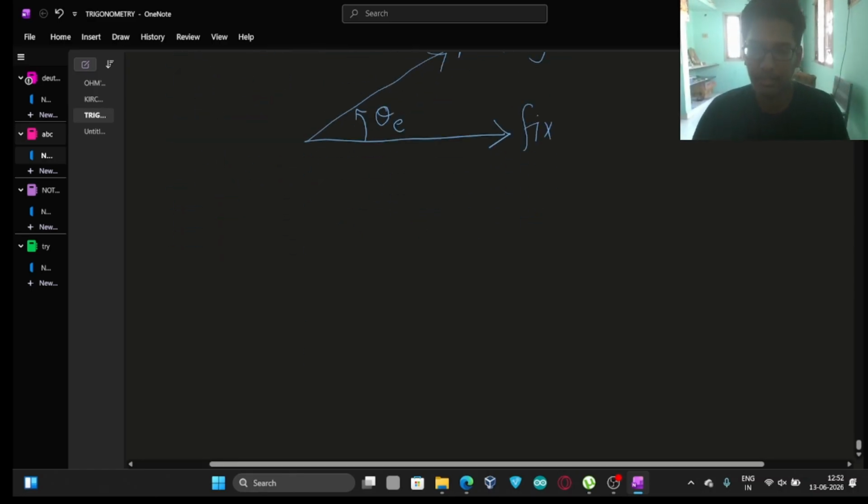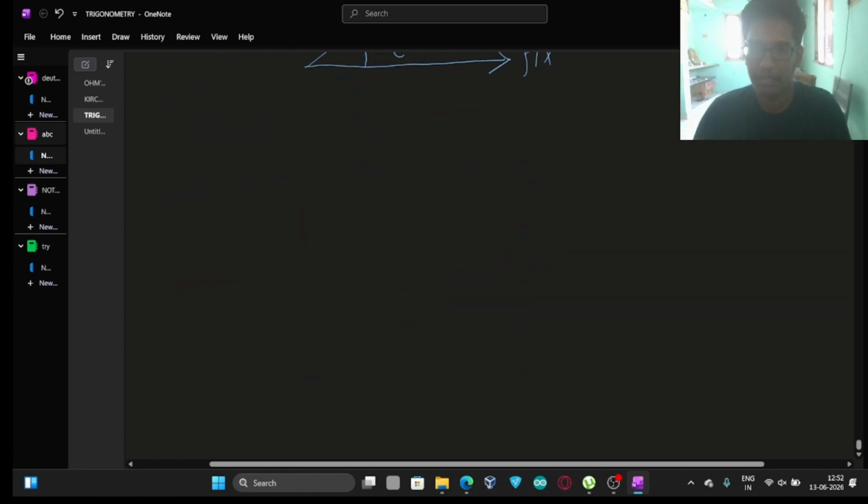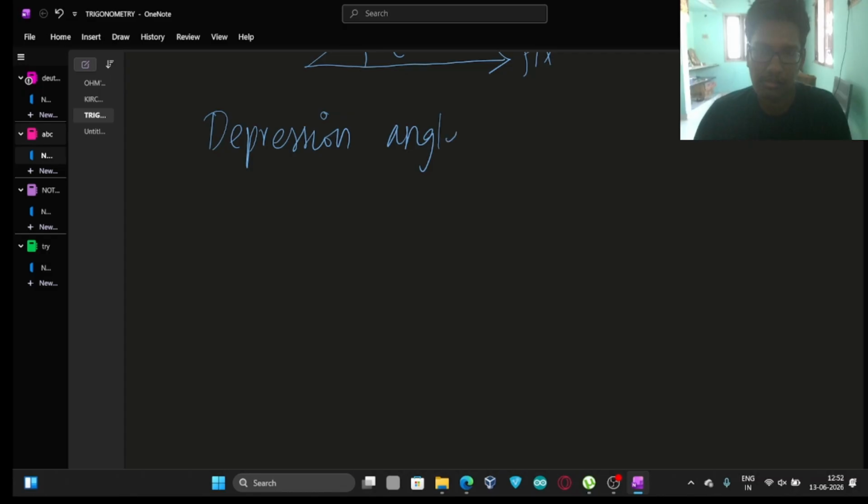And angle of depression means, let me draw the angle. The fixed ray is this one, and the revolving ray would be below the fixed ray.